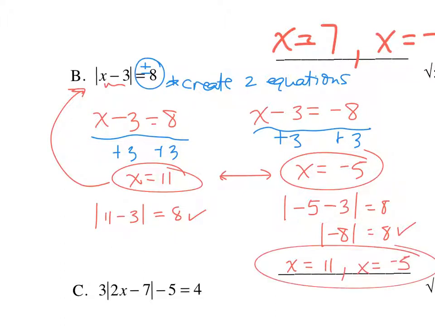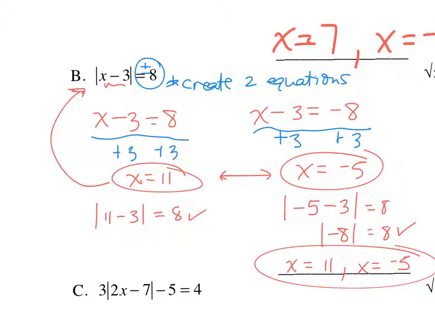I have a question? Yes. For the second one, if you see on the top, you say x minus 3 equals negative 8. Yes. All right. But notice that this one has no absolute value bars. Okay? Because I'm using this to solve. But whenever I want to check my answer, I always have to check it with the original equation.